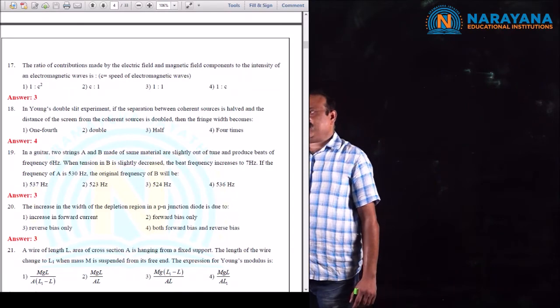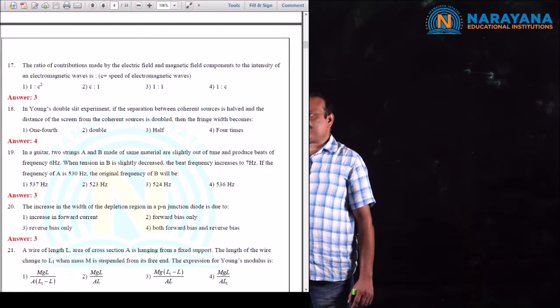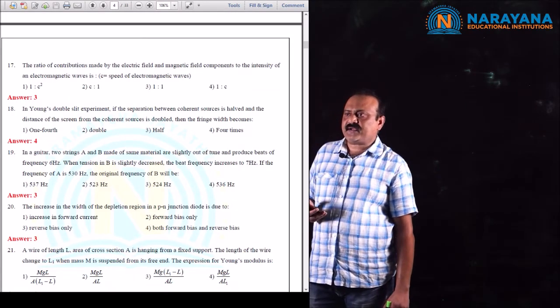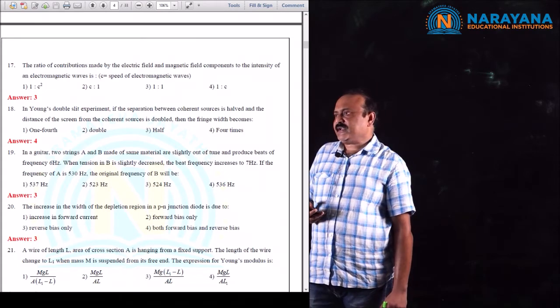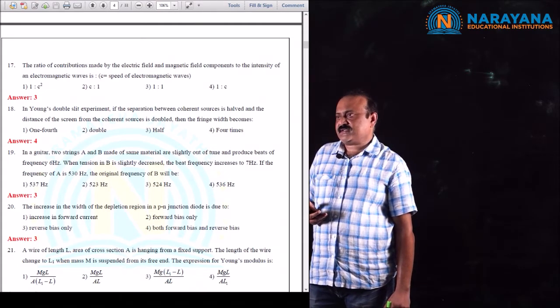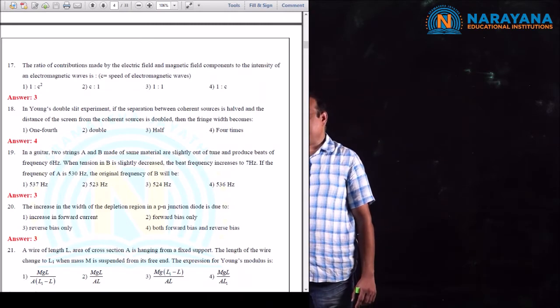Question number 17. The ratio of contributions made by the electric field and magnetic field components to the intensity of the electromagnetic wave is? C is the speed of the electromagnetic wave.